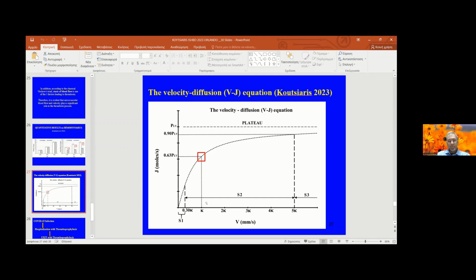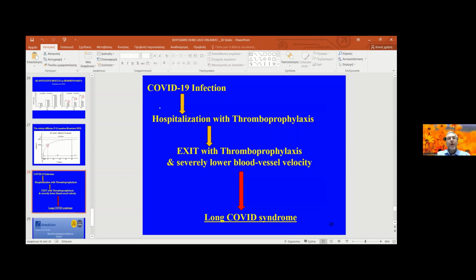So when the velocity is lower than the equilibrium velocity, we have a lower diffusion of substances. And when we say substances, we include oxygen inside this term. So this can lead us to the following suggestion and proposition.